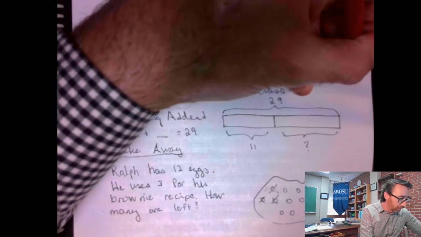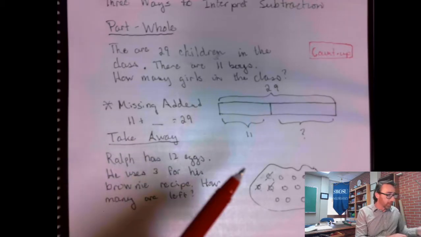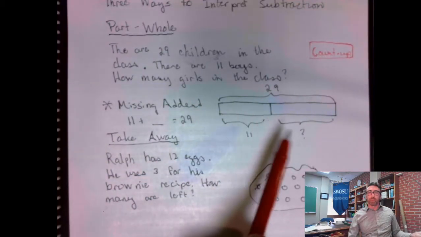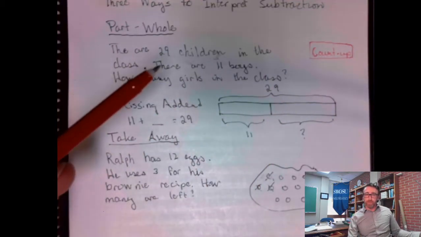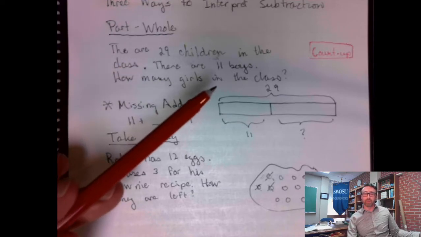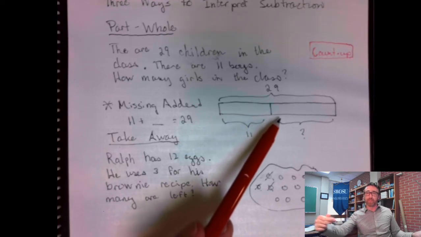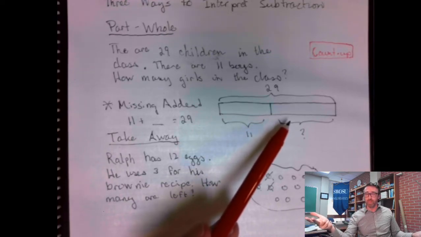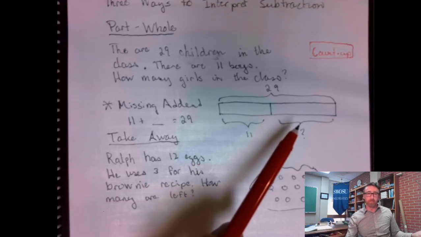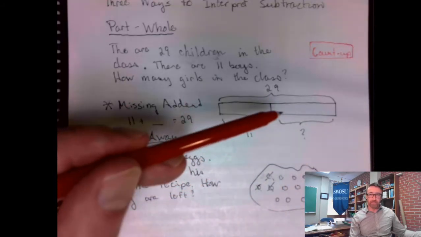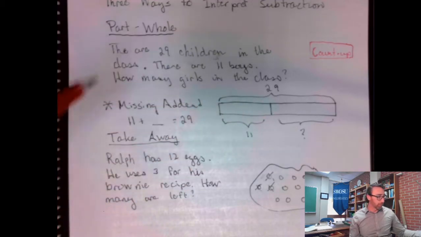Let's say we tell our students there are 29 children in the class and there are 11 boys. How many girls? We start with 11 and then we count up until we get to 29. By paying attention to how many we have to count, that can give us our answer.